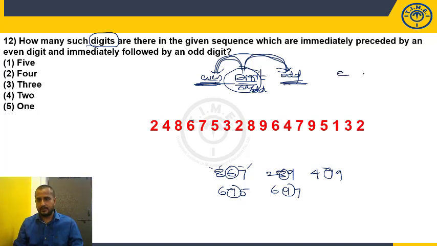So even, a digit, odd. So even, alternative, what is required? Odd is required. So starting from here, is it even? Yes. So we started. Is the alternate odd? No. Ruled out. Now next, even. Is the alternate odd? No. Ruled out. Even. Is the alternate odd? Yes. Valid.